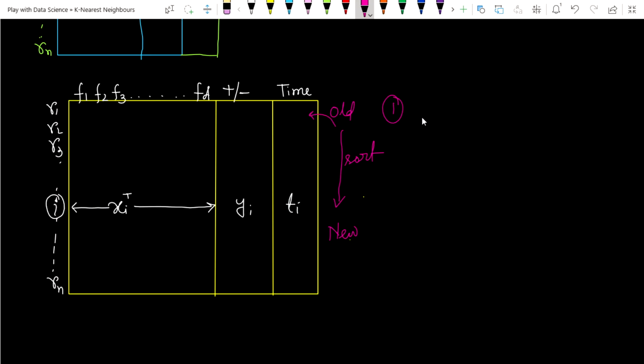So we are sorting the whole data set, which we call Dn, in ascending order of the time column. First we have to do this job, then we do the splitting.